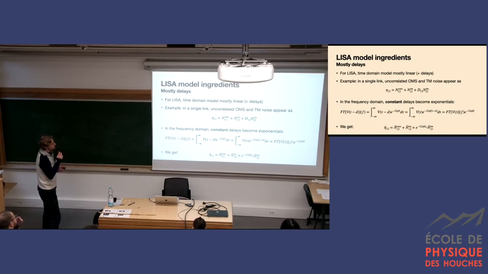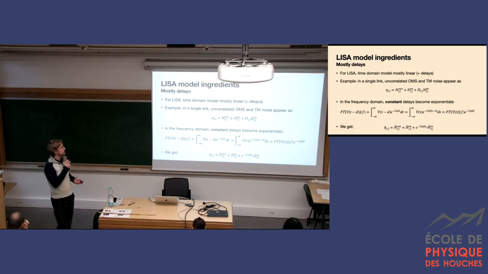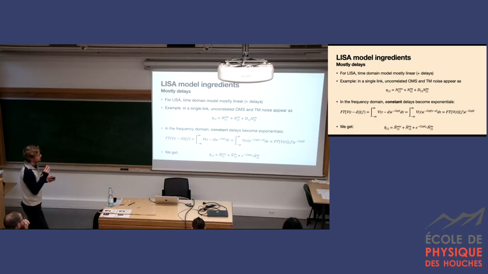This general shape, a sum of noises with some delays in front, is almost universal in the noise modeling that we do for LISA, which is why I want to briefly single out how to model it. It's very easy.